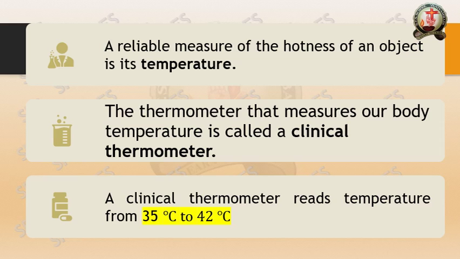It cannot go below 35 and it cannot rise above 42. We have not added any other temperature range. That's the reason why, for easy measurement, the reading given in the clinical thermometer starts from 35 to 42 degrees. So always keep this in mind.